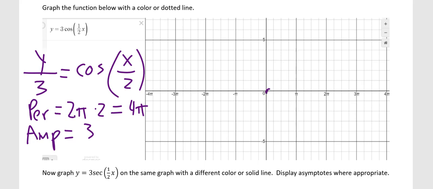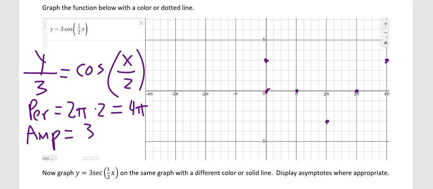HK is sitting at 0, 0. Is that point on my curve or under a max? Under the max. So we came up 3 points. We go over to the right 4 pi. Halfway in between, we're at the bottom. All this cool stuff.